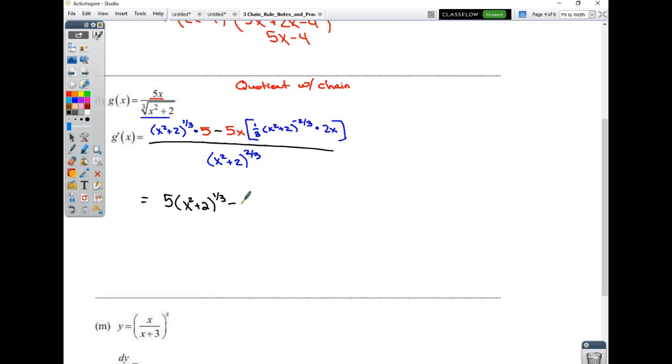We're going to say minus 10 thirds x squared plus 2 to the negative 2/3. And I will let you get a second to look at that.